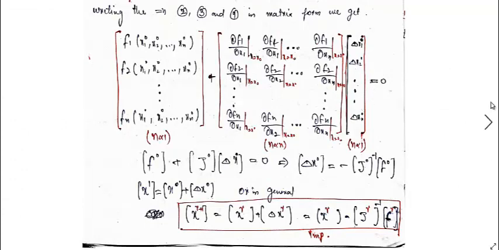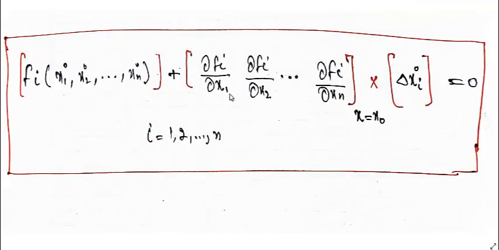This matrix can be shown in just one equation, or in one matrix like this. This will be fi of x1 naught, x2 naught, up to xn naught, plus del fi by del x1, del fi by del x2, up to del fi by del xn, calculated at x naught, times delta xi, where i is equal to 1, 2, up to n. When we vary this, it has to change to f1, f2, f3, f4, up to fn.